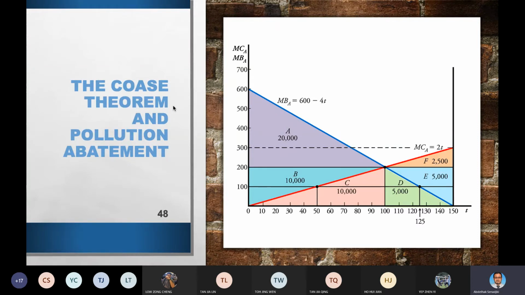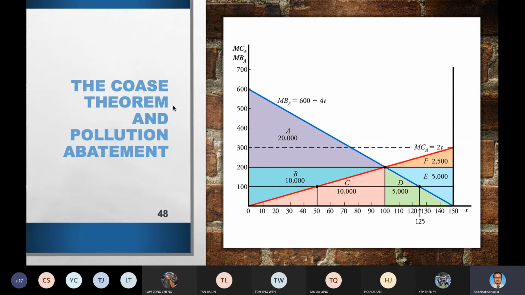But the community still has an option. Since the government gave the property right to the polluter, the community cannot stop it. What they do is call that firm and say, let's sit together and negotiate. So we have a feasible option here.